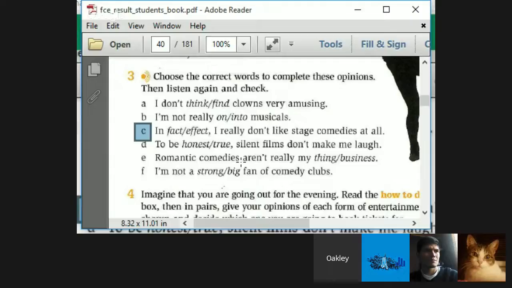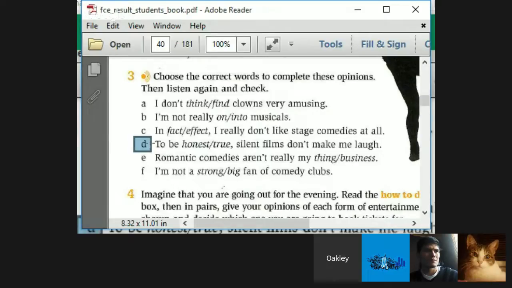Very common to start phrases, and this is something that they like on the standardized tests, with phrases or words like, or adverbs like, in fact, actually, honestly, truthfully, to be frank, or frankly, things like that. IELTS and these different speaking tests love that kind of thing. It's very natural, native speaker, conversational English.